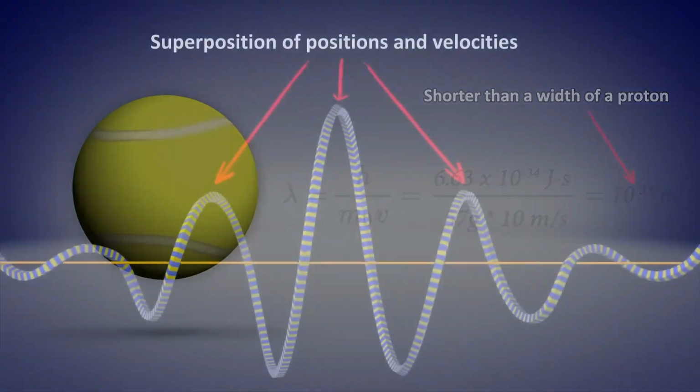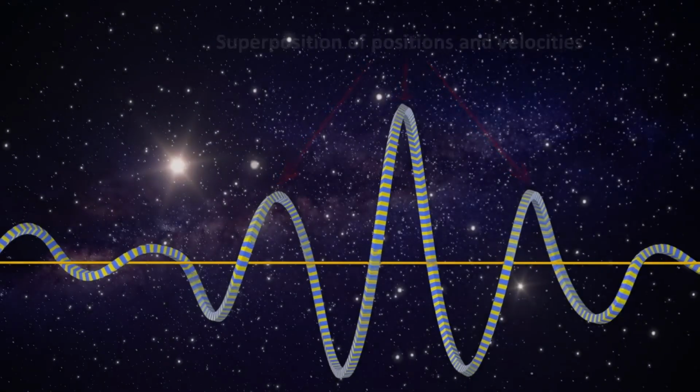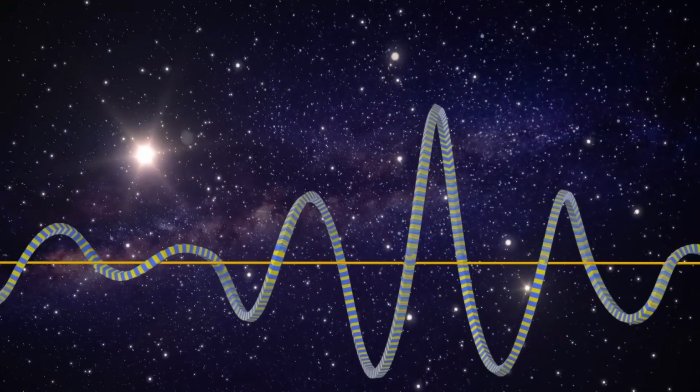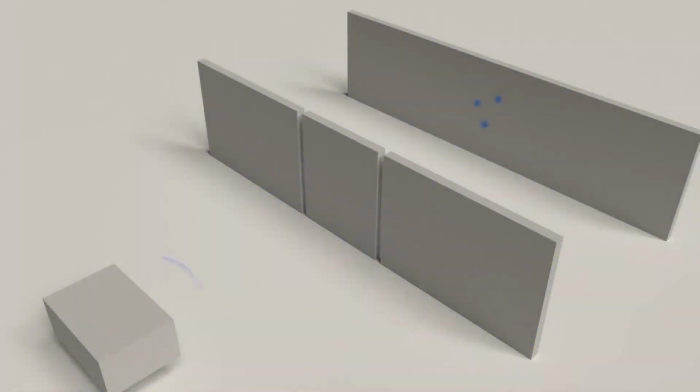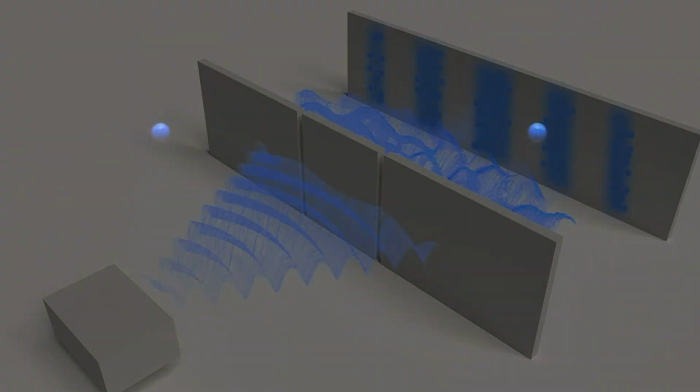A second consequence of wave-like behavior is non-locality. A wave exists over multiple regions of space. This non-locality explains interference, but it also means that waves can add together to give complex interference patterns. So waves of multiple particles can add together to give a single wave function corresponding to multiple particles.